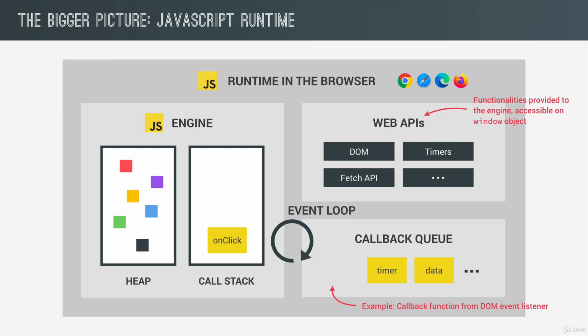So basically, the event loop takes callback functions from the callback queue and puts them in the call stack so that they can be executed. And remember how I said in the last lecture that the event loop is how JavaScript's non-blocking concurrency model is implemented? Well, here is an overview of how that works.